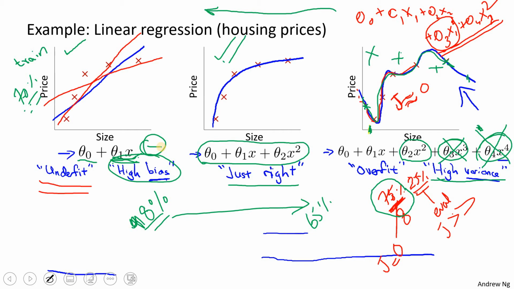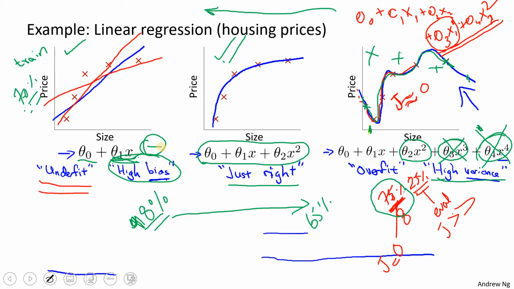Okay, so you reduce these terms one by one, and hopefully somewhere in the middle you will slowly settle on the just right choice. Okay, so that's the whole story between overfitting and underfitting.